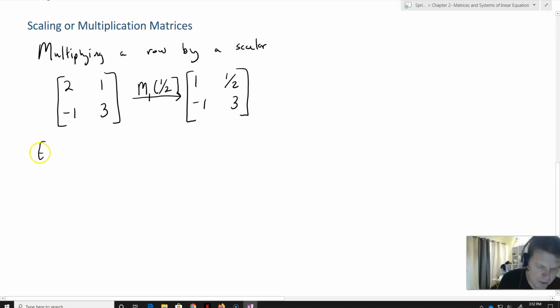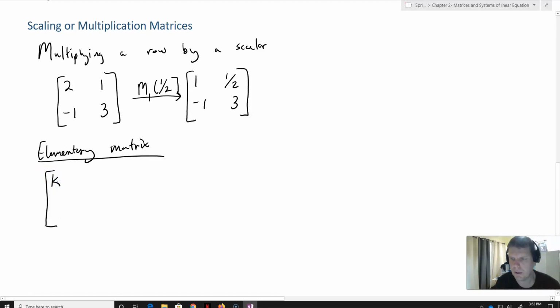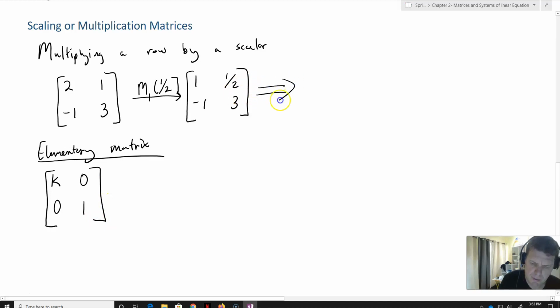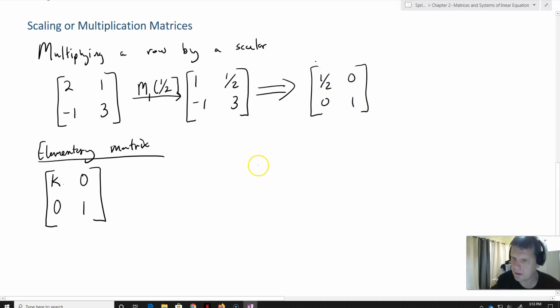The elementary matrix that I'm going to use will have a k in the row that corresponds to where I want to multiply the scalar, and everywhere else it will be the identity matrix. So in this case, I want that k to be 1/2, so I'm going to take 1/2, 0, 0, 1.